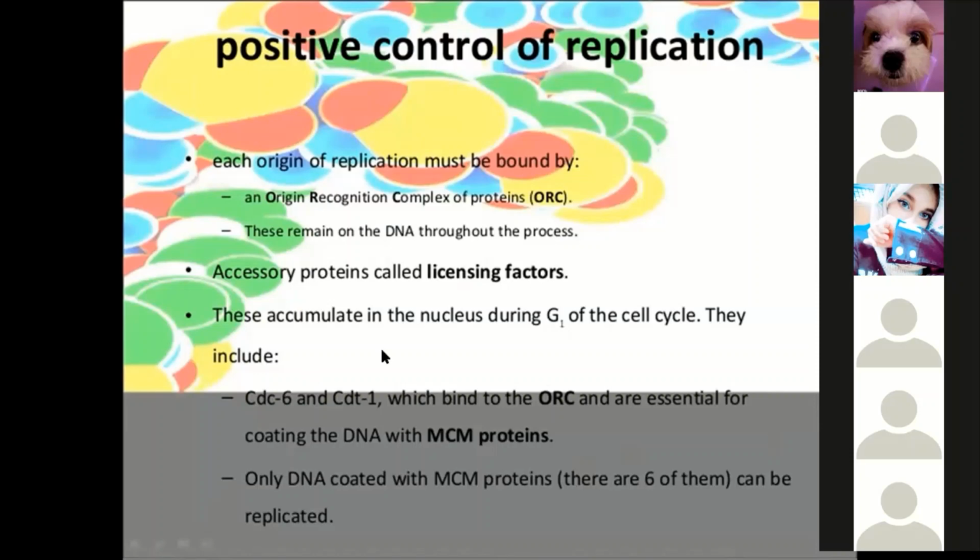They include CDC6 and CDT1, which bind to the ORC and are essential for coating the DNA with MCM proteins. All of them are called licensing factors, which are present in the nucleus only during G1 phase. Only DNA coated with MCM proteins can be replicated.